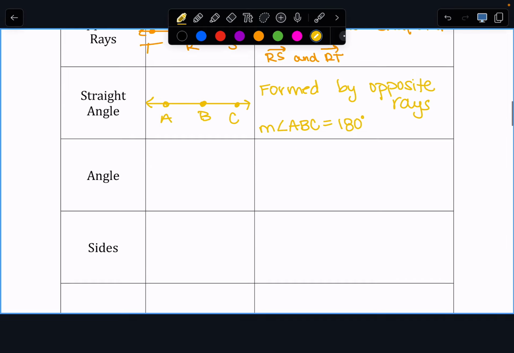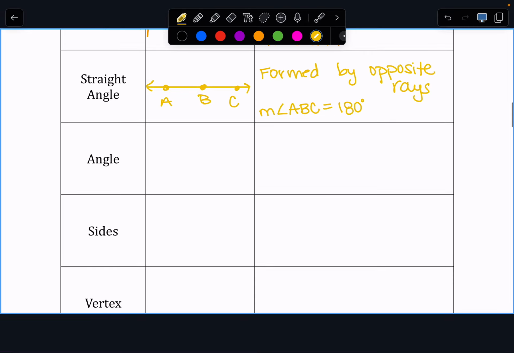Okay. So let's talk about what an angle is. An angle is a pair of rays with a common endpoint.